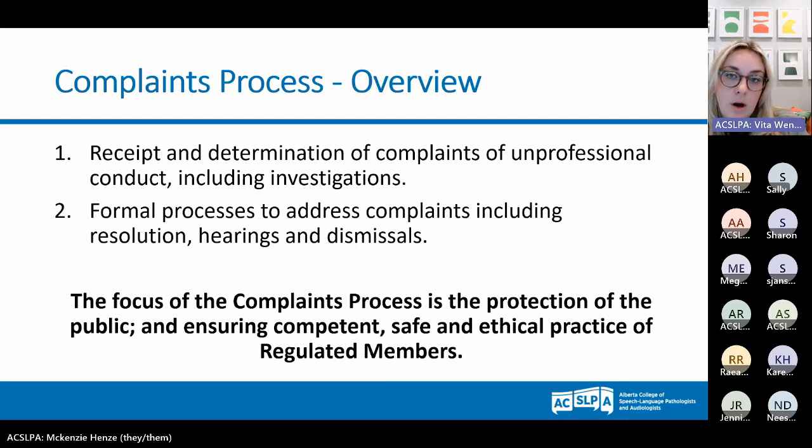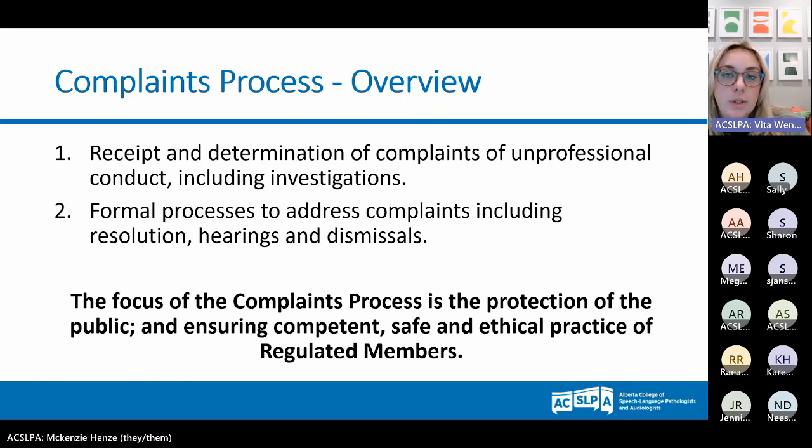Grounding this process is the college's mandate. So ACSLPA, like other colleges in Alberta, is a regulatory college. Our role is to regulate the professions that we are privileged to regulate. Self-regulation is a very privileged process, and our mandate is the protection of the public. Ensuring competent, safe, and ethical practices of regulated members is part of that mandate.